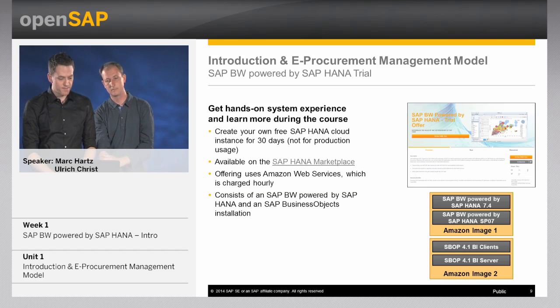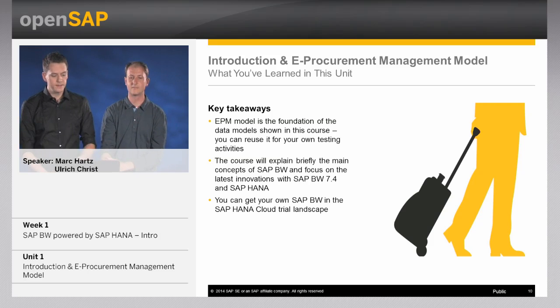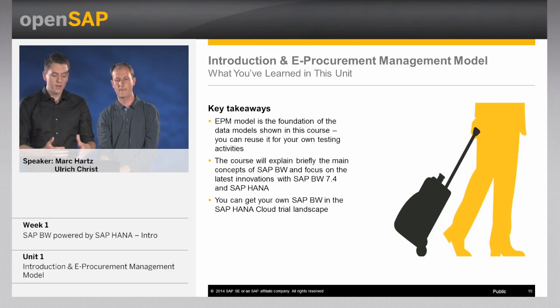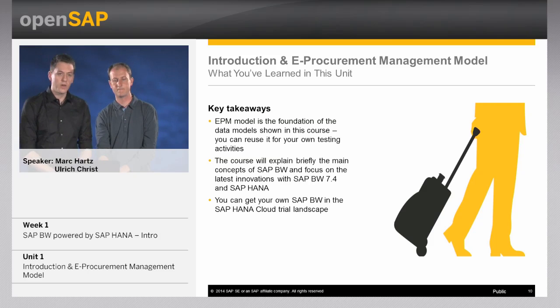So this was basically Unit 1. I would like to highlight that everything what we will do, again, will be based on the e-procurement model. This is really important because it's really showing the value of BW. So you will recognize that we really can show nicely all the different data warehousing services based on this model, and you can reuse it whenever you have a NetWeaver system or our trial version.